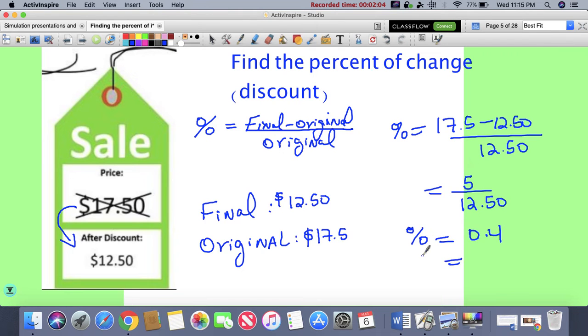So we have to change this to percent, and this is going to become 40%. Okay, so now you can always also tell that this was a percent of decrease, because the price went down, right? The price went down, so this was a percent of decrease.